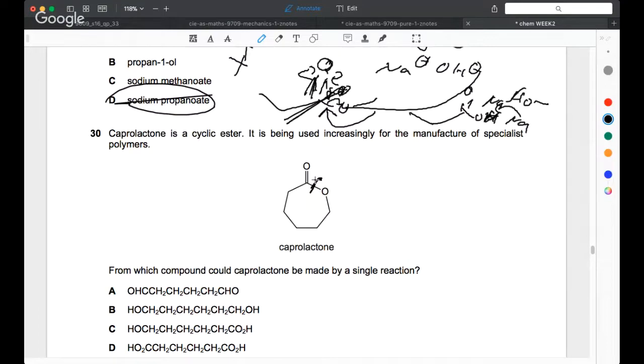To create this ester, you need a carboxylic group and an alcohol group, right? If you break this bond, you're left with a carboxylic group and a hydroxyl group. It's like a long molecule that binds its tail. The 2 groups at the end of the chain condense with each other and form this ring.